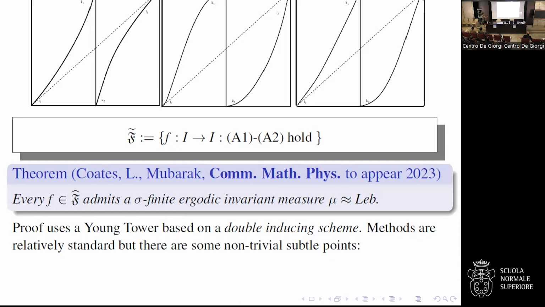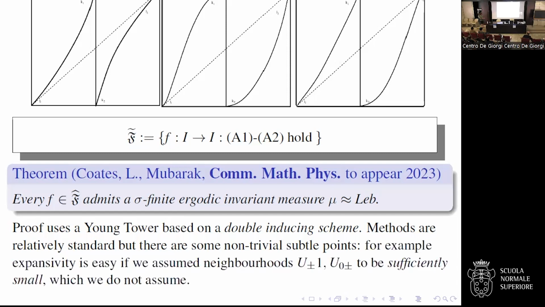So when you use the definition, you say, okay, if you're sufficiently close. In some earlier version of the paper, we assumed that those neighborhoods were sufficiently small. But we removed that assumption, which is very important. It's something that is kind of behind the hood. So when I define these conditions, I'm not saying that the neighborhoods where the map is defined need to be sufficiently small. They just have to exist, and that's it.